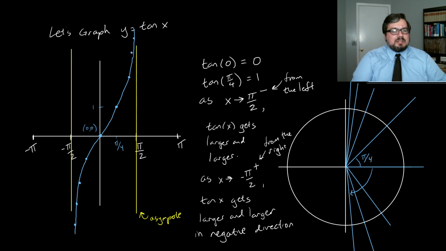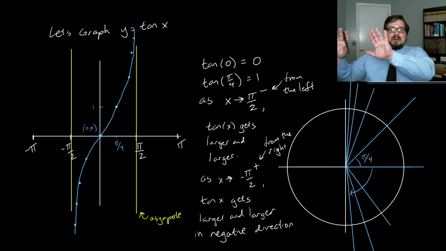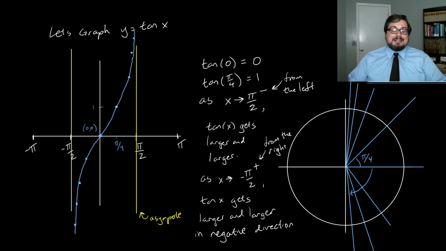Now, what we do know is that tangent is periodic with period pi. What that means is that if you take the graph of tangent and shift it by pi on the plane, you're going to get a copy of it. It's going to lie exactly on itself. So we have that tangent is periodic with period pi, which means if we shift this whole thing over to the right by pi, we're going to get something that looks exactly the same.